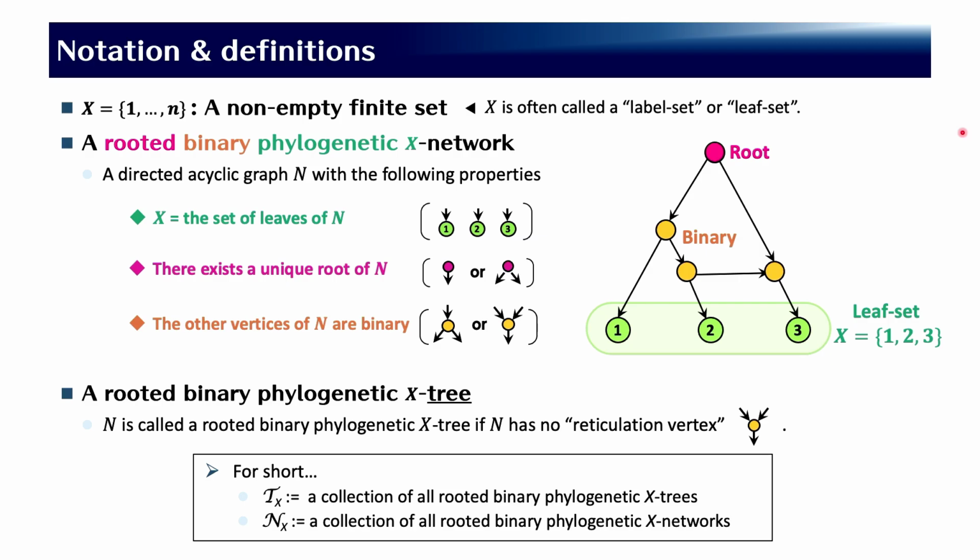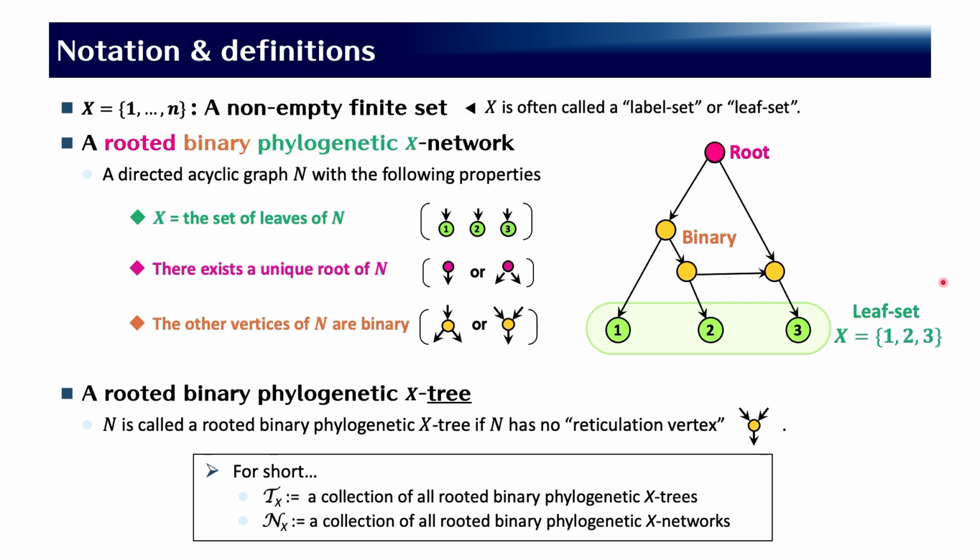A phylogenetic network, more formally, a rooted binary phylogenetic X-network, or a phylogenetic network on X, is defined to be any directed acyclic graph N that has the following three properties.